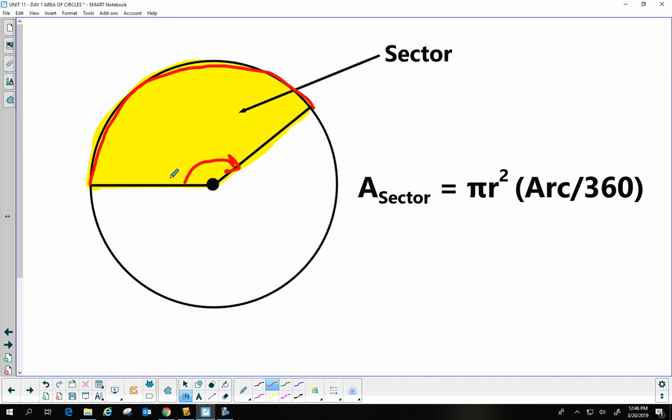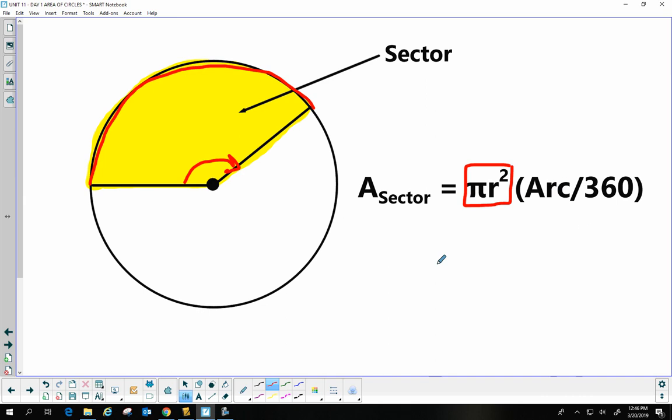And so this angle or this arc is just a fraction of the entire 360 degrees of a circle. And so this area is just a fraction of the whole circle. And so if we take the area of the circle, pi r squared, and we multiply it by the arc or the central angle that makes our sector, divided by 360, we'll get the area of this sector.